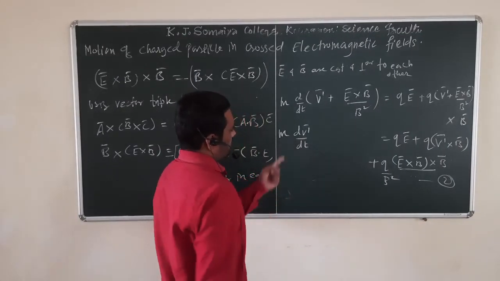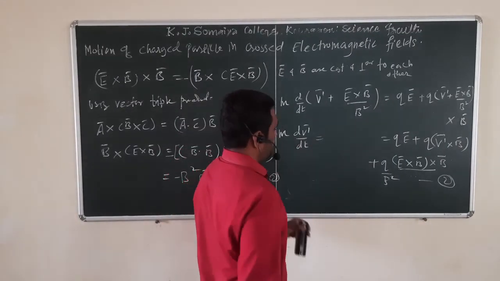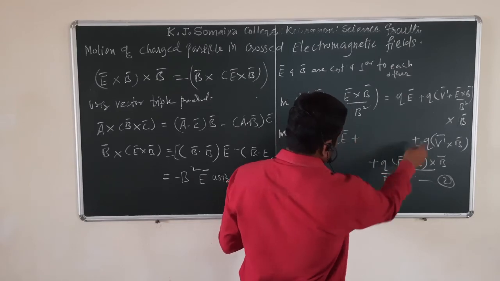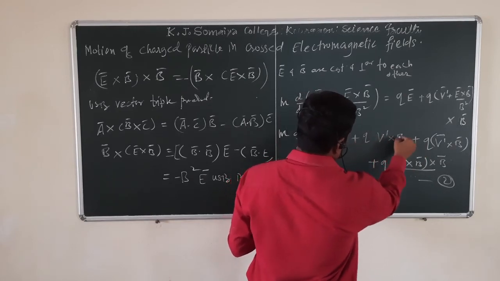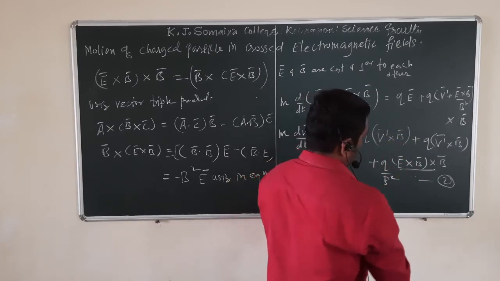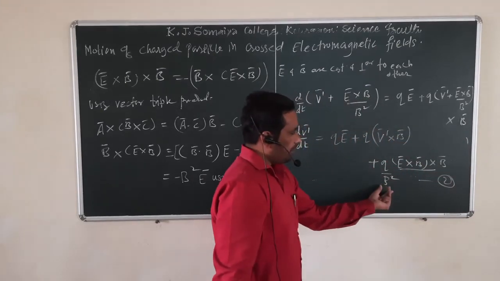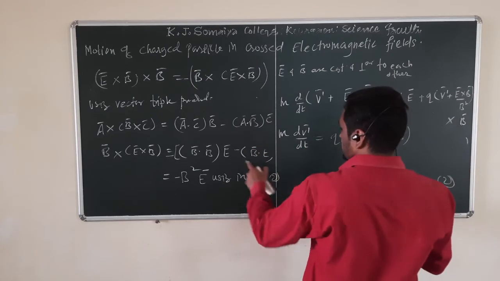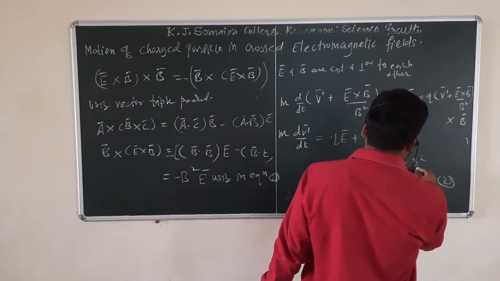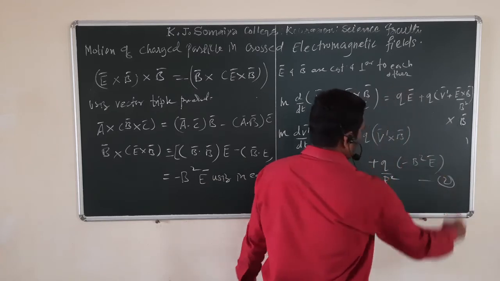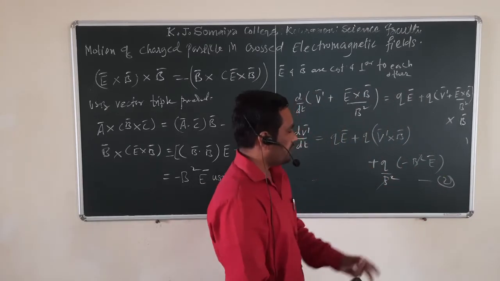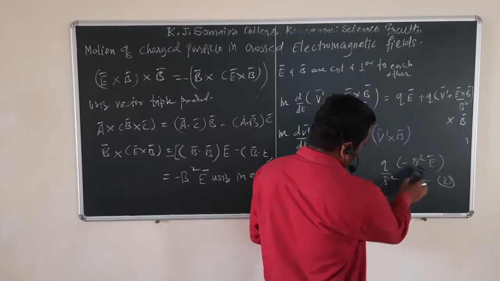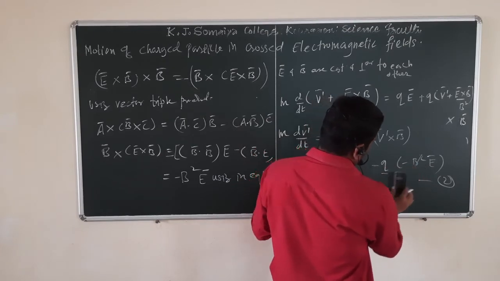On the left-hand side we have m dv dash by dt, equal to the right-hand side: qE plus q v dash crossed with B, and q upon B square into (E cross B) crossed with B, which we solved and is nothing but minus B square into E. So this B square will cancel with this B square and we have minus E. By rearranging this we get minus qE.